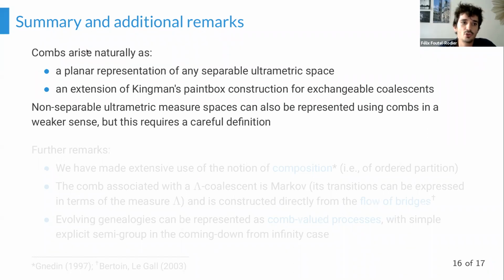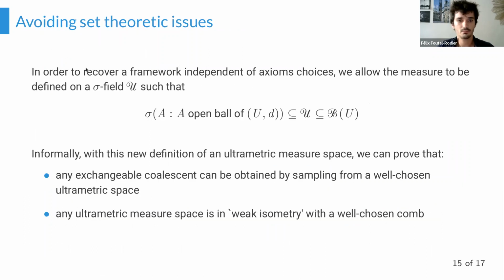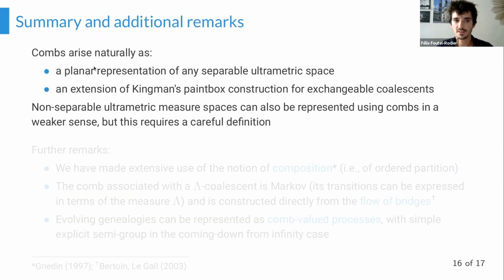Okay, so wrapping up. I've introduced a new object, which are those combs, and that appear both naturally as planar representation of ultrametric spaces, and also they appear in exchangeability theory as an extension of Kingman's paintbox construction for exchangeable coalescents. So now those combs seem to be quite natural because any coalescent can be represented using a comb, and also any separable ultrametric space is isometric to some comb metric space.